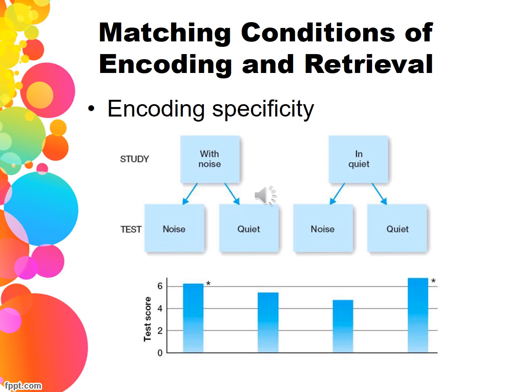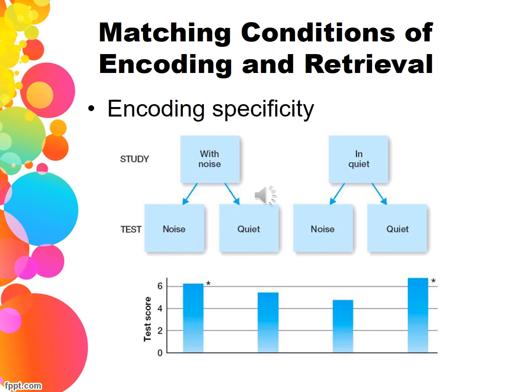The same goes for group B, those who had the earphones with the quiet. It was found that if, when you are studying, which means during the phase of encoding, you are studying in a very noisy condition, and when you go for your test it is also a noisy condition, you can perform better compared to when you study in a very noisy place and after that you take the test in a very quiet place. That could actually make the difference.